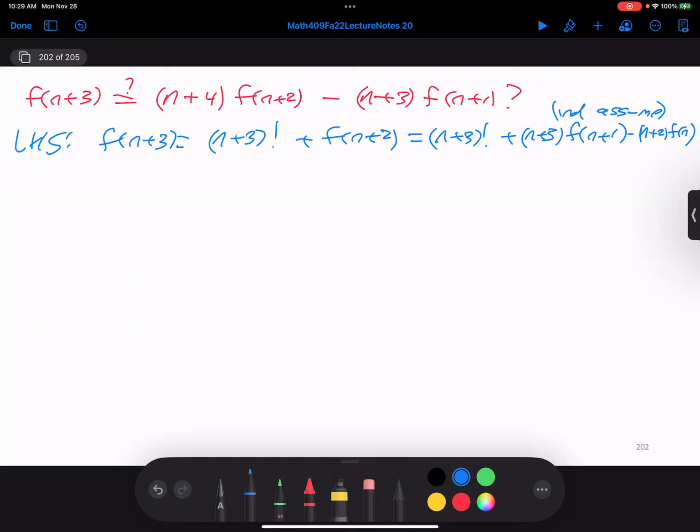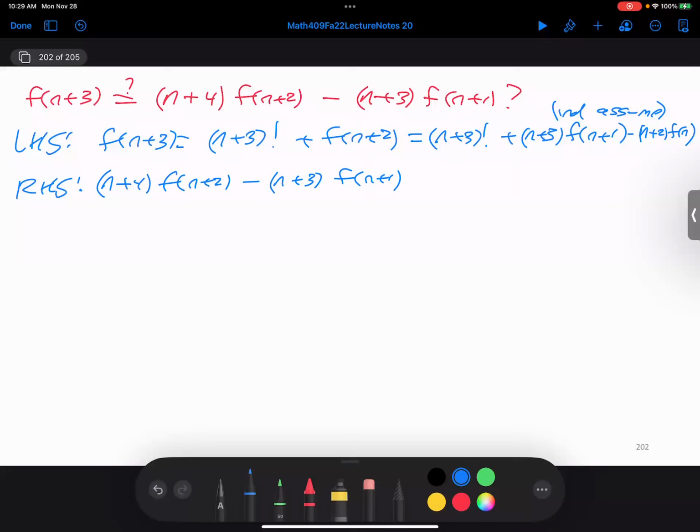So the right-hand side, I can write this as n plus 4. Let's do it slow, I guess. So we have (n+4) F(n+2) minus (n+3) F(n+1). We want to get an (n+3) factorial. There's a lot of different ways to do this.